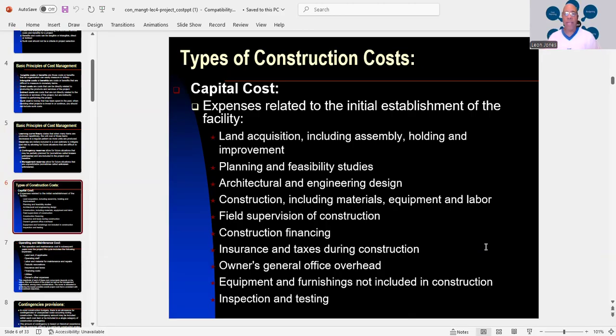Then you have planning and feasibility studies, architectural and engineering design, construction, which includes materials, equipment, and labor, field supervision of construction, construction financing, insurance and taxes during construction, owner's general office overhead, equipment and furnishings not included in construction. Then you have inspection and testing.